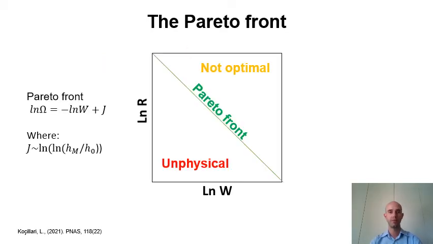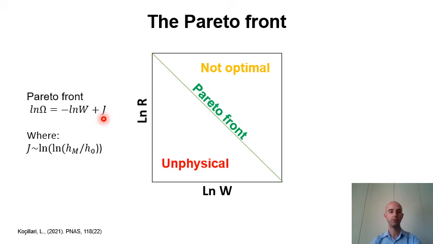As another prediction from our theory, we were able to analytically derive the Pareto front, which is the ensemble of all the optimal solutions which are able to solve the multi-objective optimization problem. And the Pareto front in the log-log scale is an inverse relationship between the resistance and the widening costs.